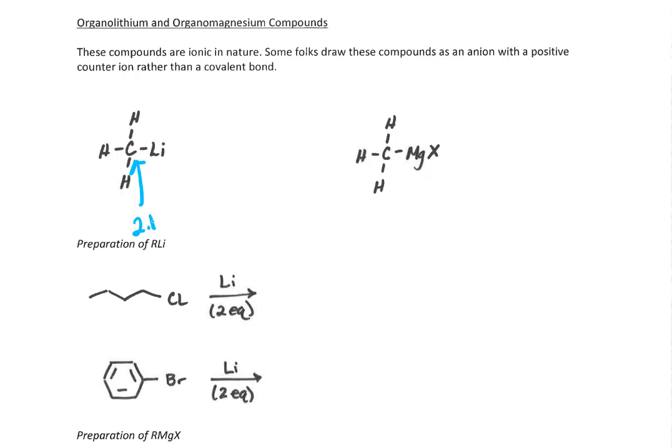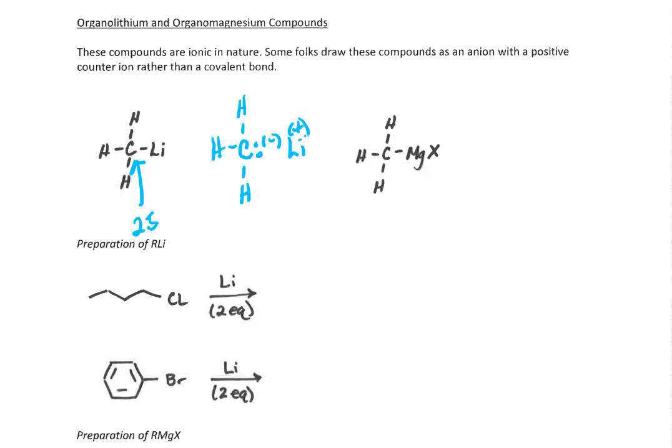Now, that being said, and now that I'm thinking about it, carbon might be 2.5 and hydrogen's 2.1, but that's okay. What we really need to recognize is sometimes you might see these compounds written instead as if they are ionic. And if you do see it written like this, don't freak out.